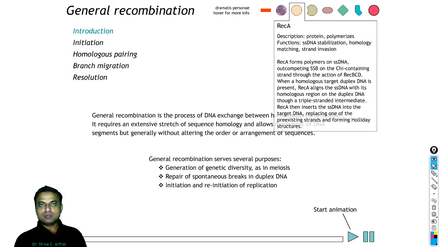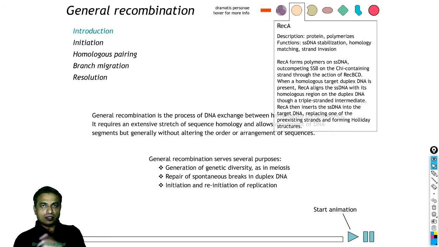So you always have to remember that even if there is 100% base sequence homology, the strands will differ in their function due to differences in the methyl groups on individual nitrogen bases. And the last function of this RecA protein is strand invasion, that is, it invades the strand. So RecA forms polymers on the single stranded DNA, and it outcompetes the single stranded binding protein.